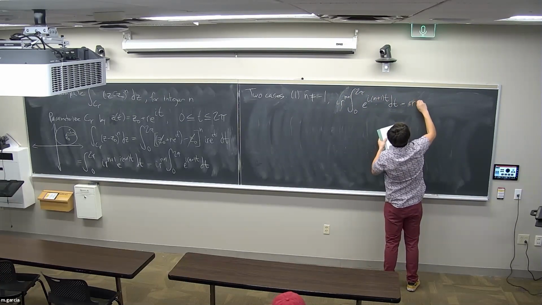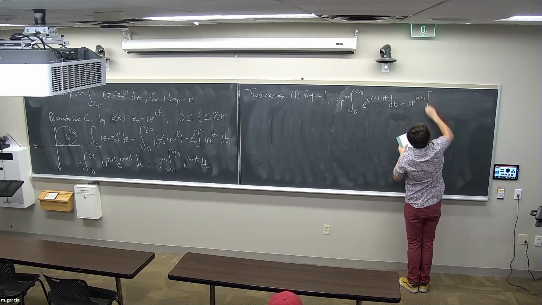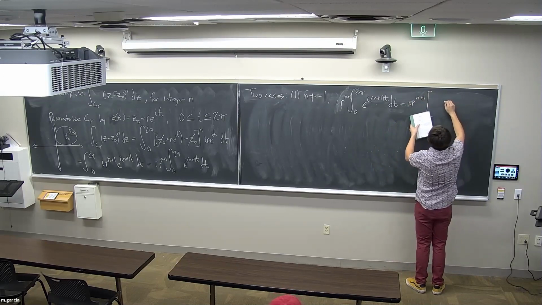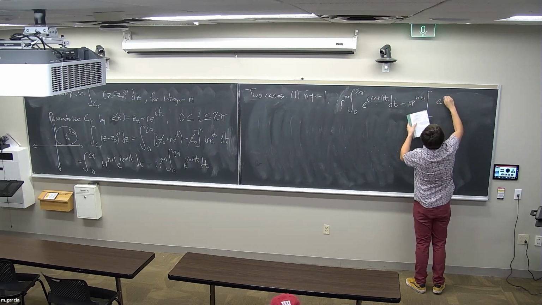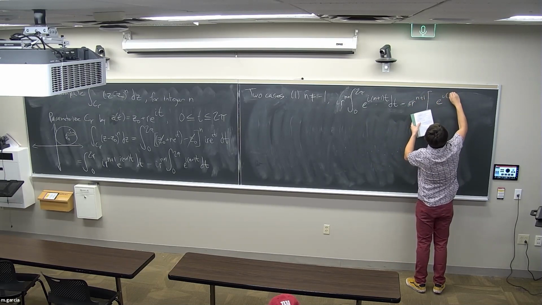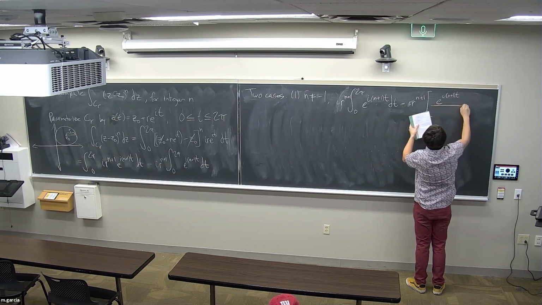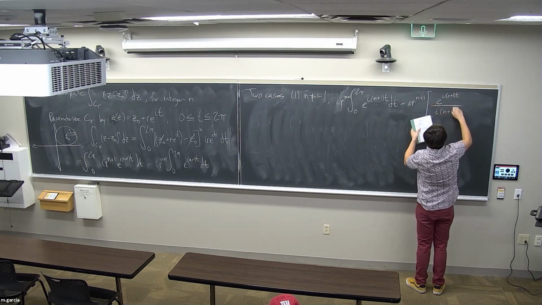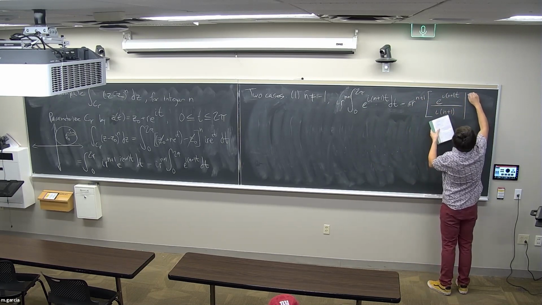i times r to the n plus 1 times e to the i(n plus 1)t divided by i(n plus 1), evaluated at 2 pi and 0.